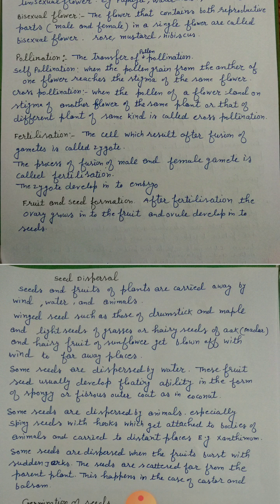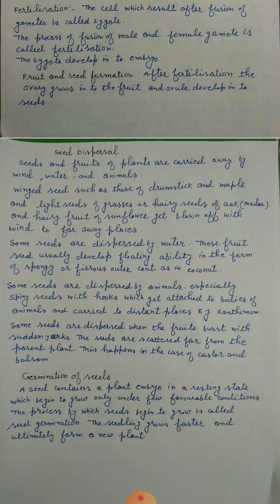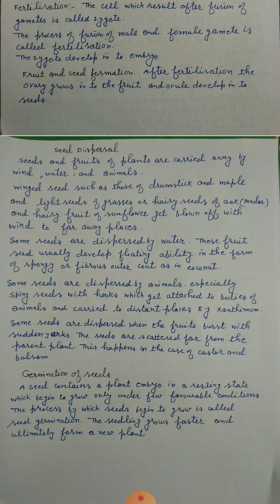How are fruits and seeds formed? After fertilization, the ovary of the flower develops into the fruit and the ovule develops into seeds. Then for the germination of the new plant, there is a very important mechanism, seed dispersal. Seeds and fruits of plants are carried away by wind, water and animals.